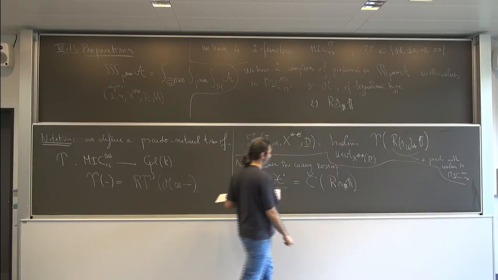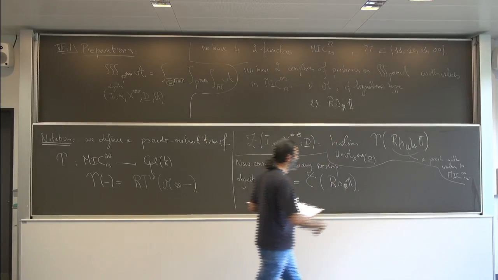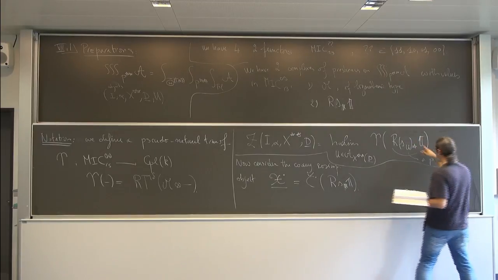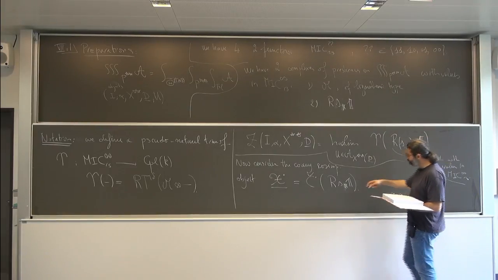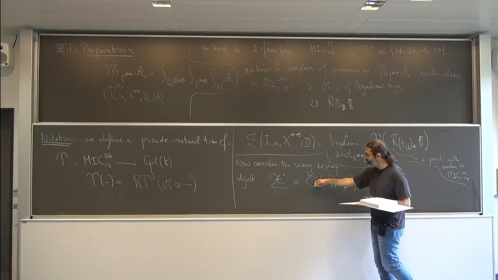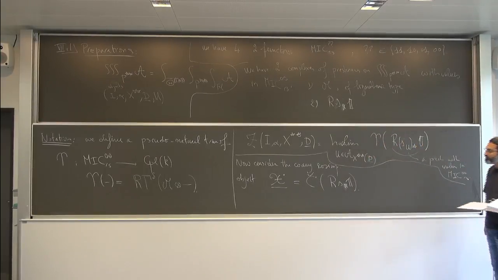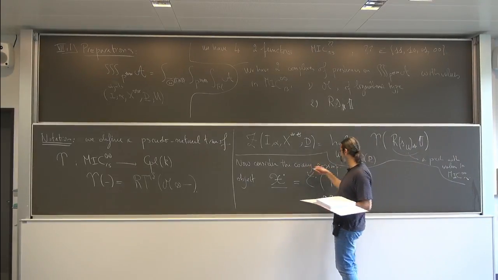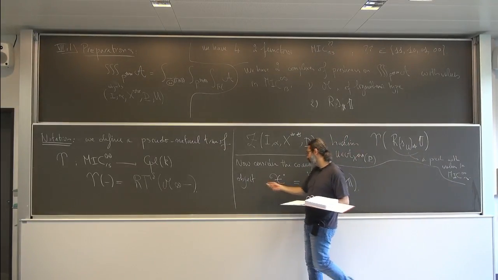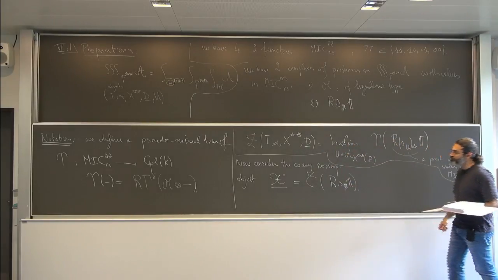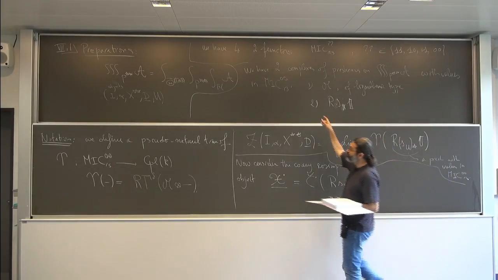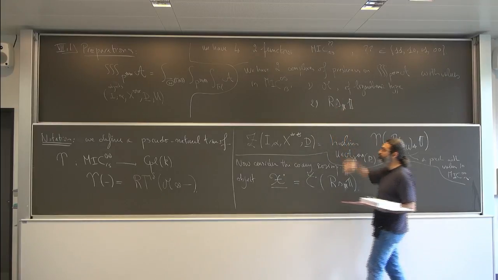So we have this complex of presheaves with values in MIC here, and so this is an algebra, and we associate to it the Church complex. Okay, so this is a co-augmented cosimplicial complex of presheaves on this triple integral with values in MIC 0.